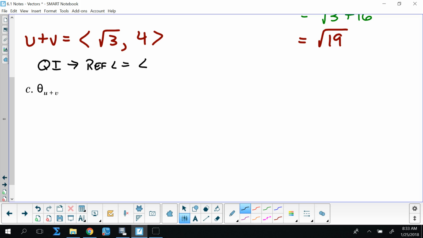So the direction angle of that u plus v vector is going to be the inverse tangent of y divided by x.